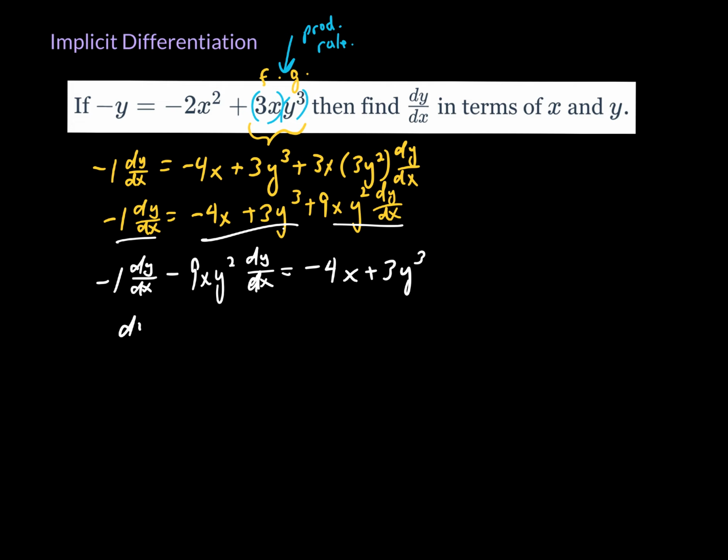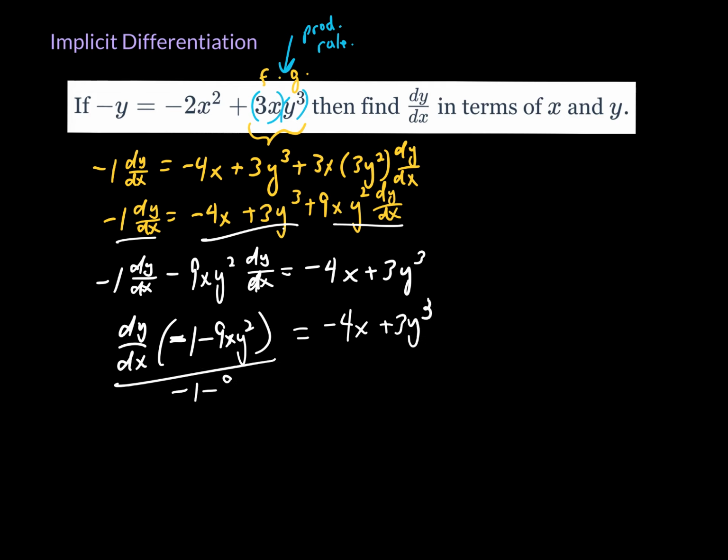Well, now we take out the common factor. And that's going to leave you with a -1 minus this. And you divide by what you want to get rid of. And that right there is dy/dx for this problem.